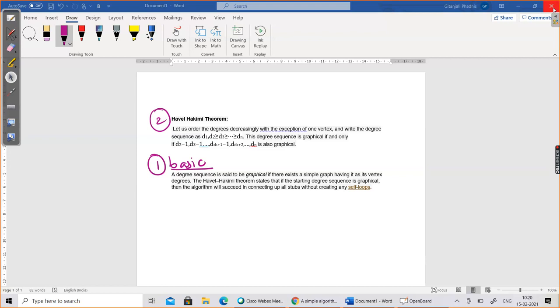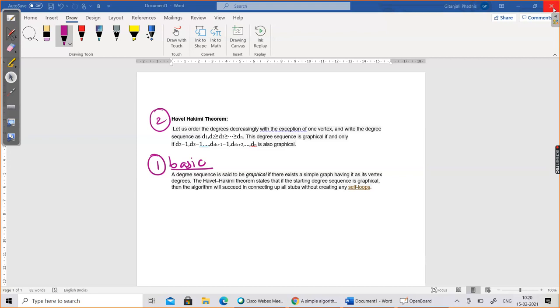And then what is the theorem statement? You have to put the given degree sequence into decreasing order, starting with the highest degree. That degree sequence is graphical if and only if the next degree sequence, d2 minus 1, d3 minus 1, up to the last one, is graphical.